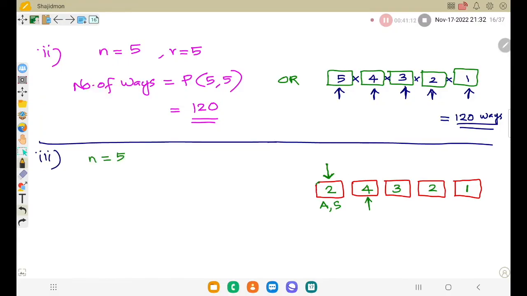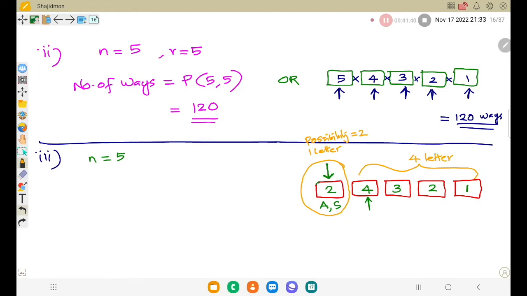So think about that one. Here in this question, the first letter is either A or S. So you write one letter, but how many possibilities? 2 possibilities, A or S, but you are writing one letter. Now how many letters are balance to write here? Totally we have 4 letters balance, because totally 5 letters, and one letter, the first letter, is already written.